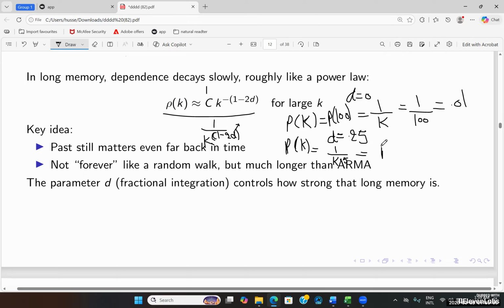And if we apply a lag of 100 in this context, calculating the autocorrelation between x_t and x_{t-100} will result in a value of 0.1.